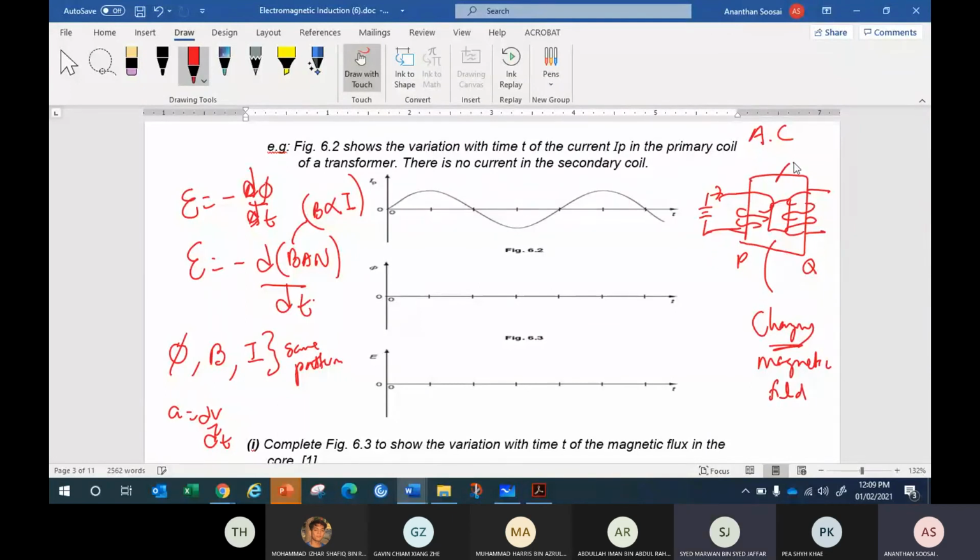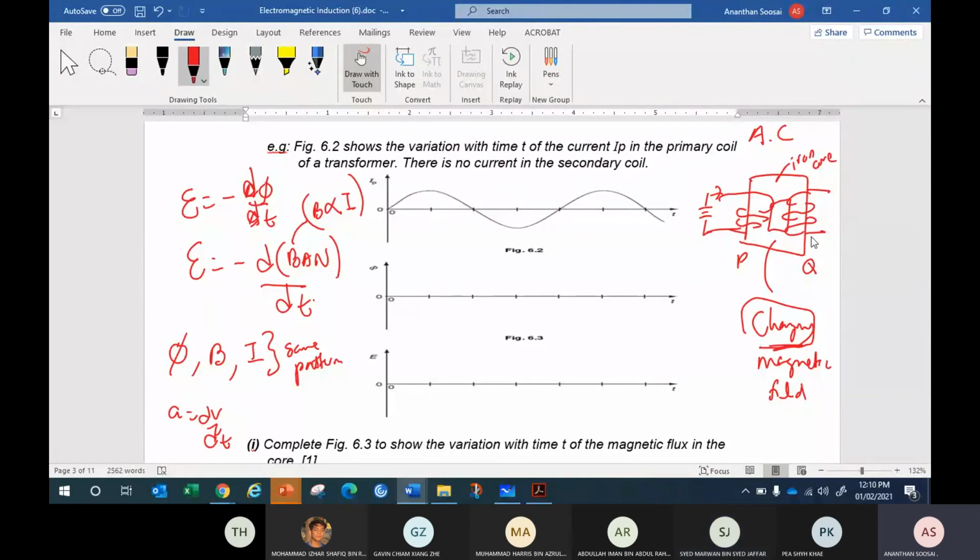In the iron core. The iron core tends to become a magnet. The AC current flowing in the primary coil produces a changing magnetic field in the iron core. Then what happens? The changing magnetic field causes a change in magnetic flux in the secondary coil.